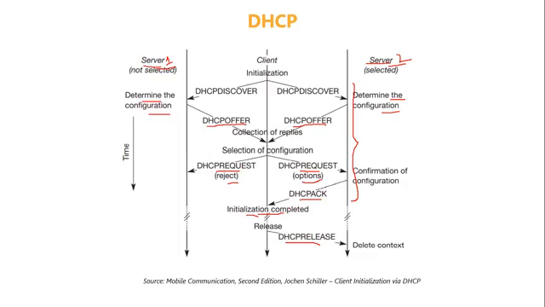That is the reason there is a time bound. After the time bound, the configuration parameter will expire. So once again, the DHCP client should request the configuration parameters. Otherwise, whether the client is still there or not, the server doesn't know.